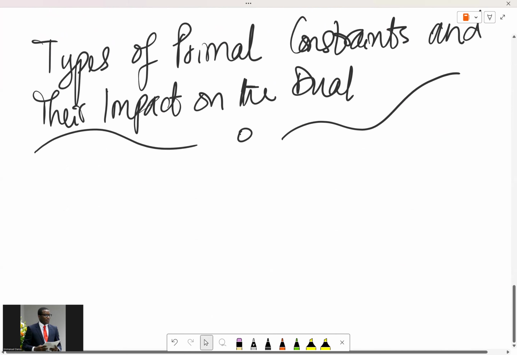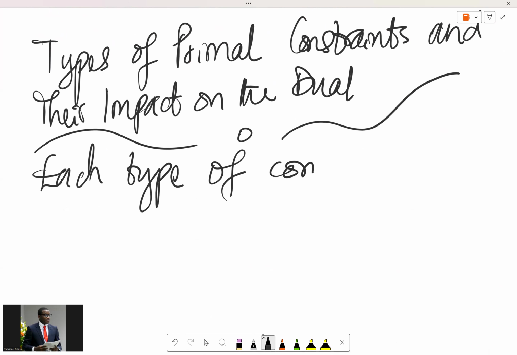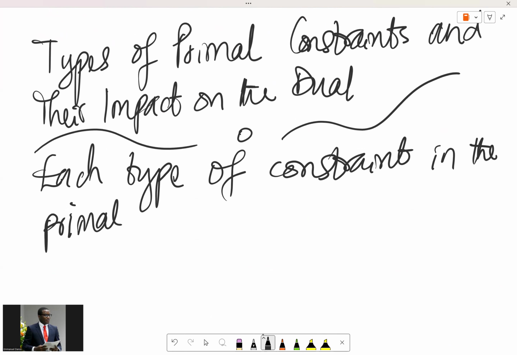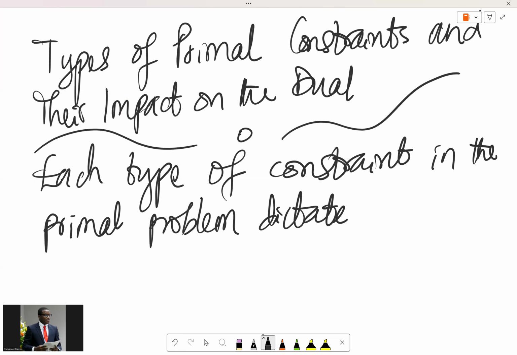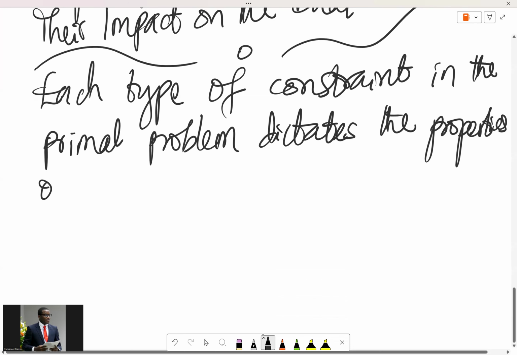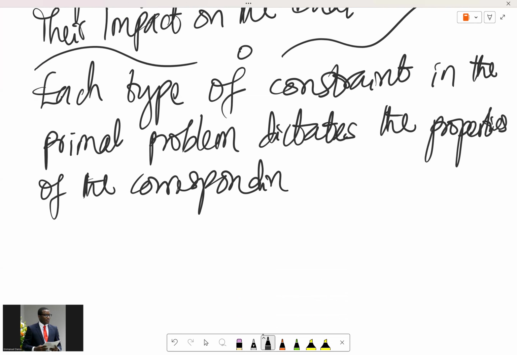Here, each type of constraint in the primal problem dictates the properties of the corresponding dual variables.